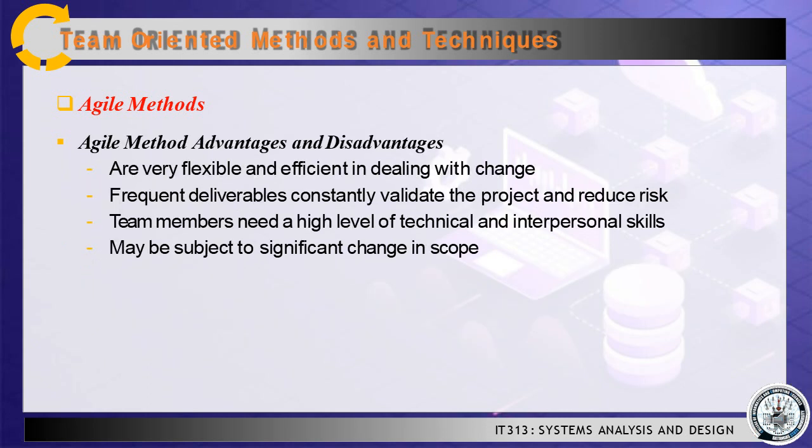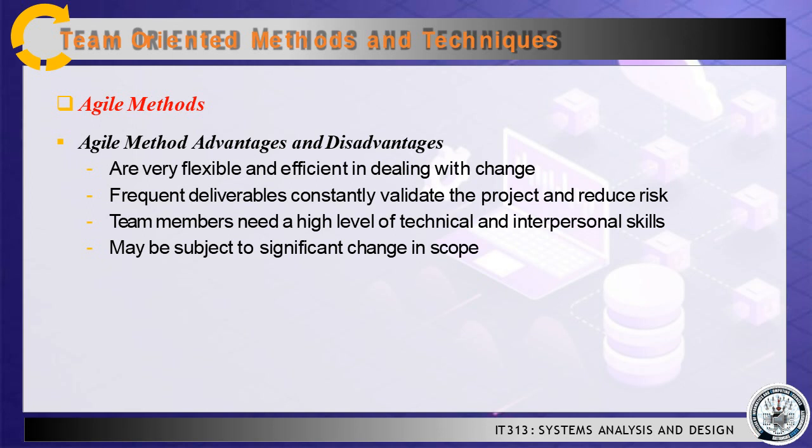Agile or adaptive methods are very flexible and efficient in dealing with change. They are popular because they stress team interaction and reflect a set of community-based values. Also, frequent deliverables constantly validate the project and reduce risk. However, some potential problems exist.